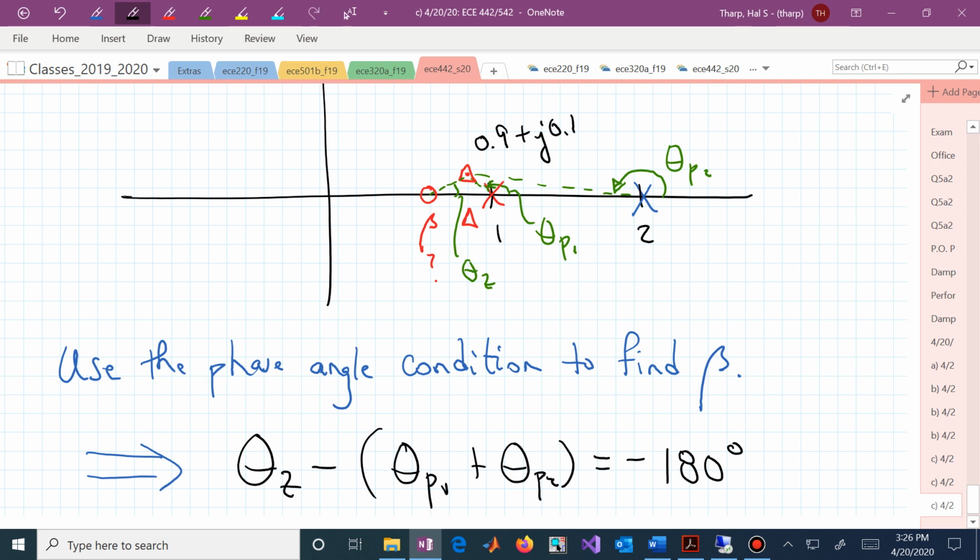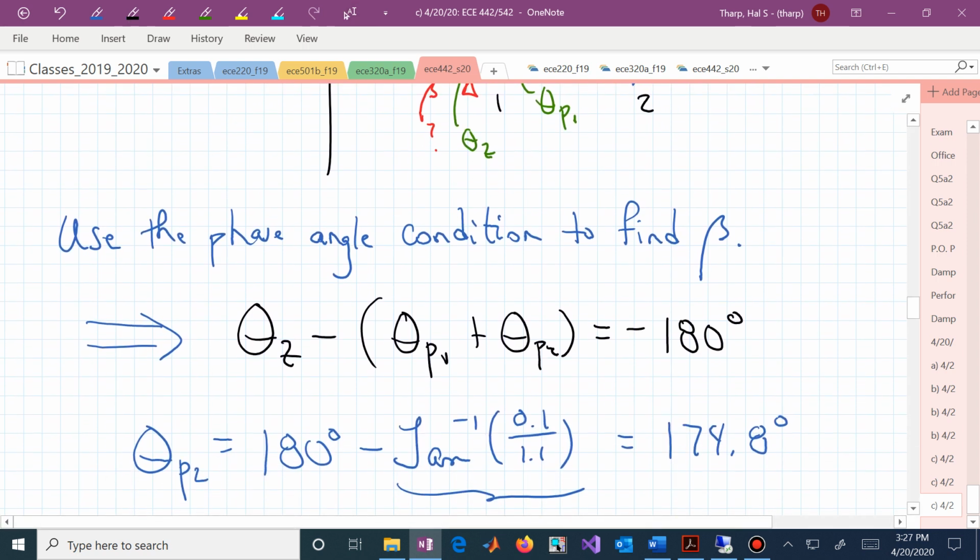We now need to compute theta p2, but we can do that. We know how far it is horizontally from 2. It's 1 plus 0.1, because that triangle is at a real location of 0.9, and it has a vertical height of 0.1. What we don't know is where that beta, where that zero is located, and we're trying to then find that theta sub z.